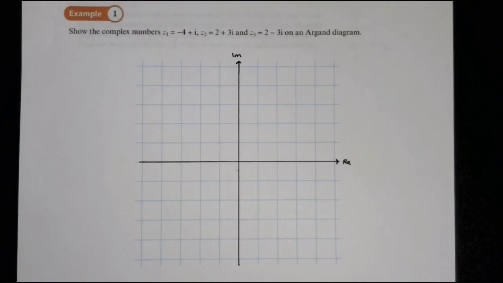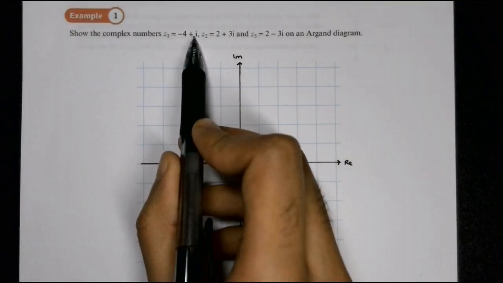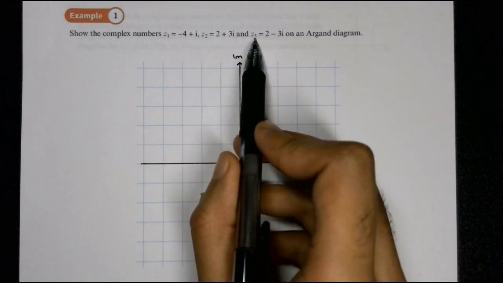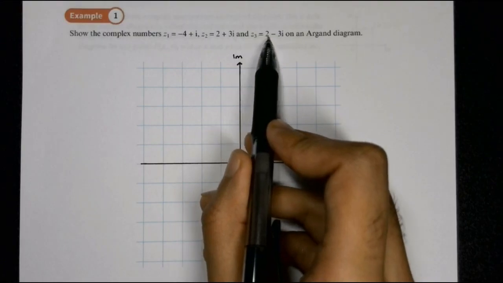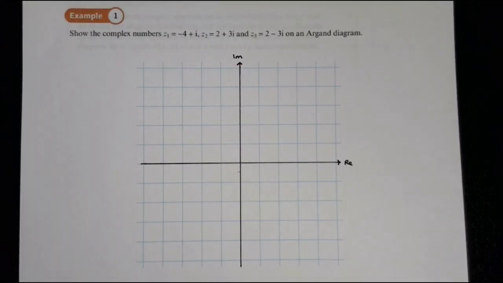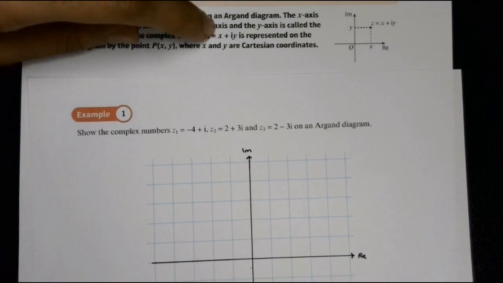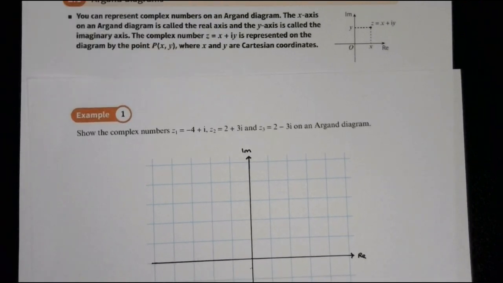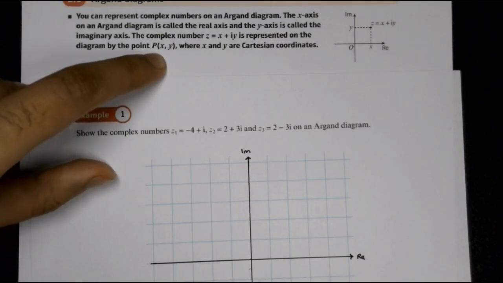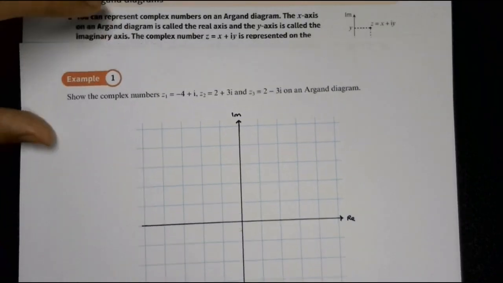Example number 1, we have to show the complex numbers z1 equals minus 4 plus i, z2 equals 2 plus 3i, and z3 equals 2 minus 3i on an Argand diagram. And as we said previously, if we have a complex number z equals x plus iy on an Argand diagram, this is represented by the point P with coordinates x, y, where x and y are Cartesian coordinates.